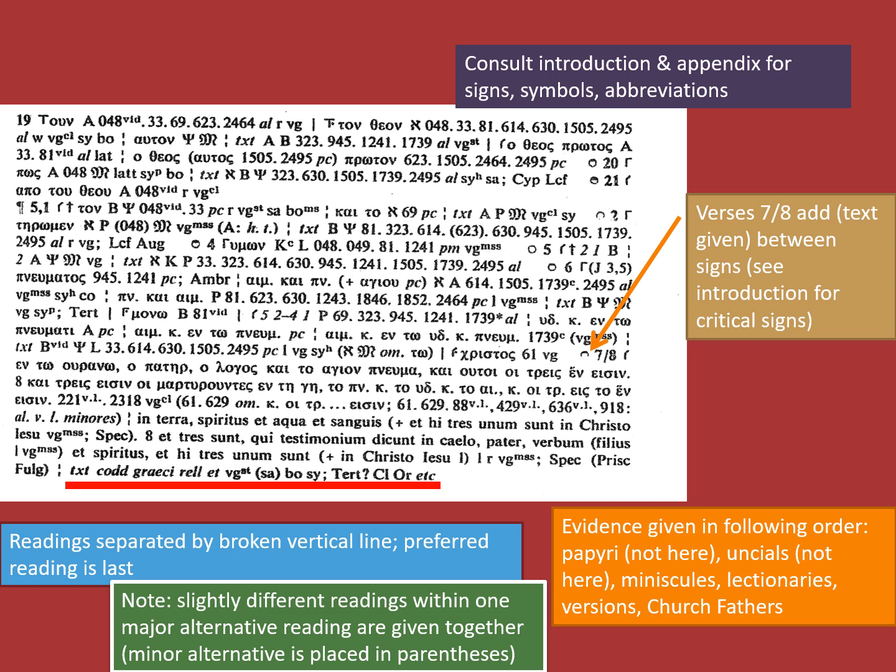you can look up what VL is. Then 2318 is given. So those are two minuscules. Then they move immediately to the translations, VG for Vulgate. Now we have a parenthesis with a couple minuscules, 61 and 629, and then it says which was actually omit, and a few words should be omitted here.